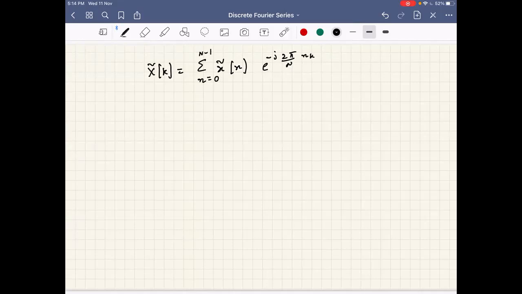And the synthesis equation is, we can get back the corresponding samples of the signal by back projecting these discrete Fourier series coefficients on complex exponentials.